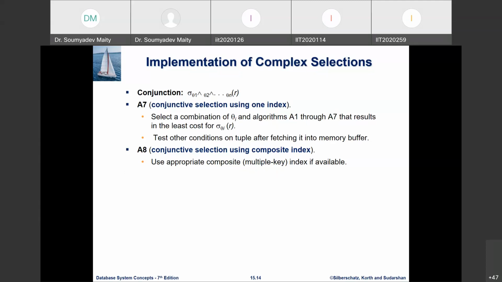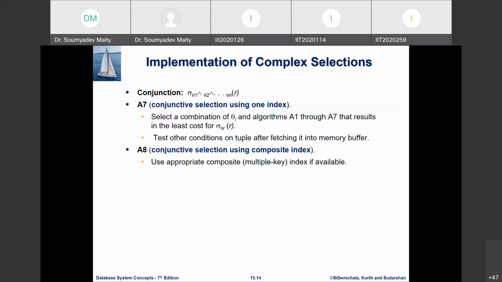Then what about the other conditions? Now test the other conditions on the tuples inside the main memory only. When you have retrieved those blocks, you now apply the other conditions inside the main memory. So you do not need any more block access. Retrieve all the blocks which are satisfying theta i, then check the other conditions on all those blocks. Which one should be theta i?